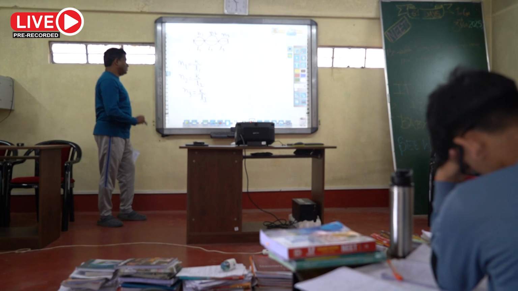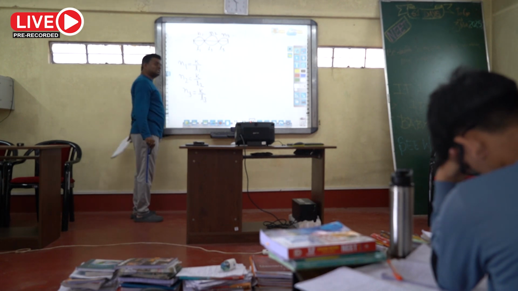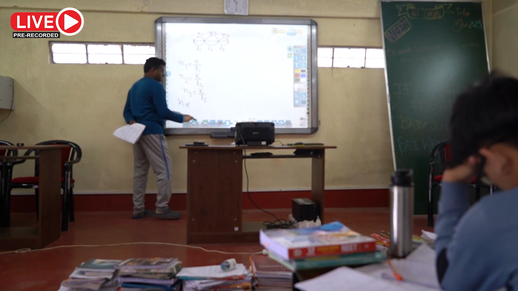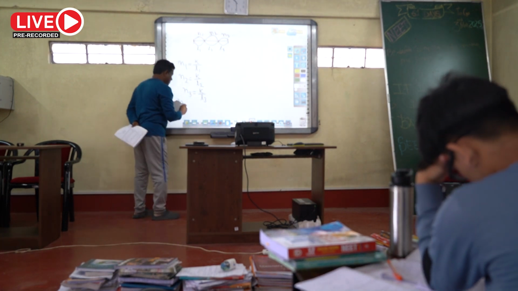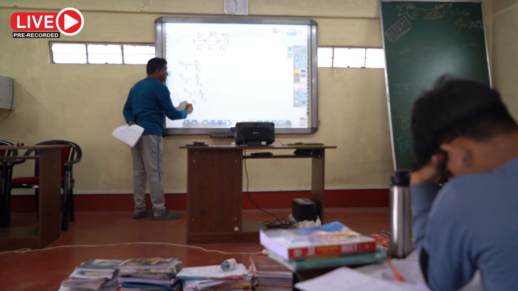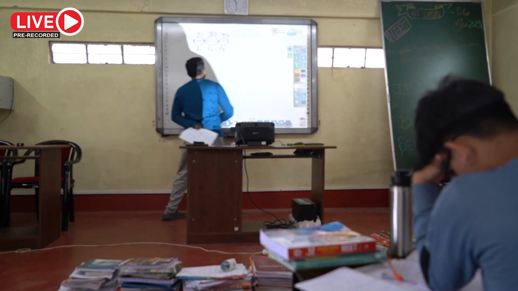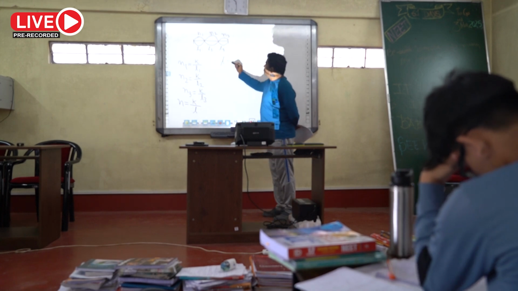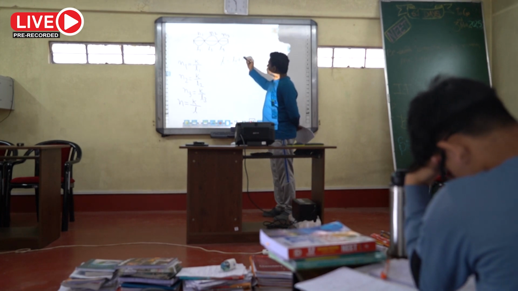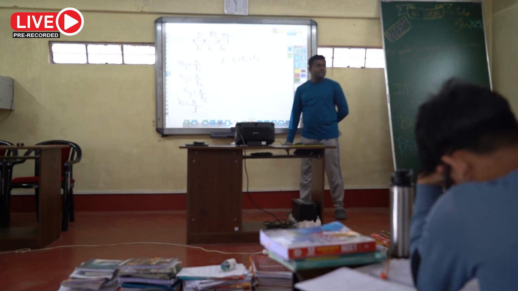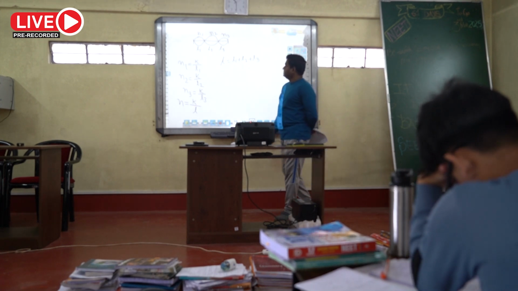Now, if it is the total string vibrating, then N should be equal to that constant K by total length. Then we know that L equal to L1 plus L2 plus L3. That is the total length of the string.